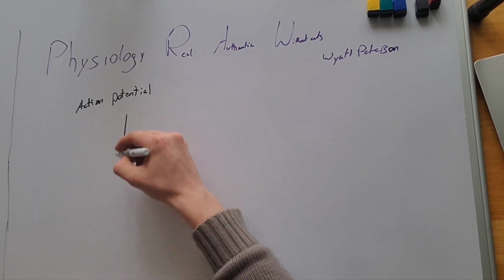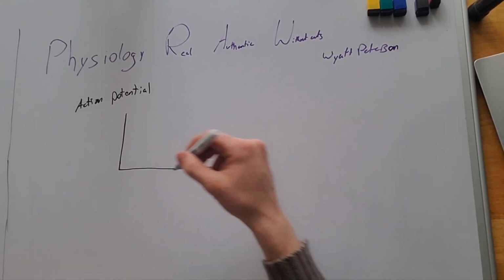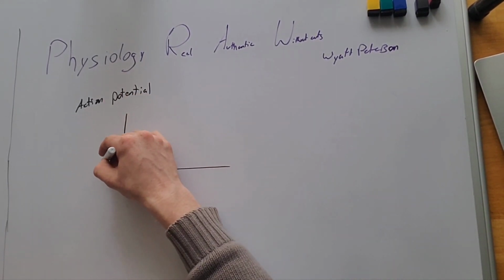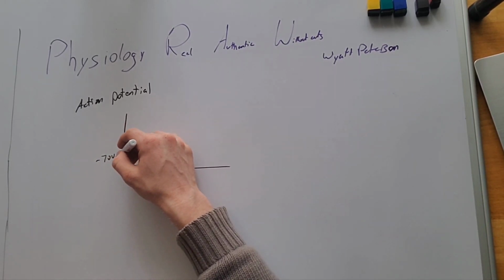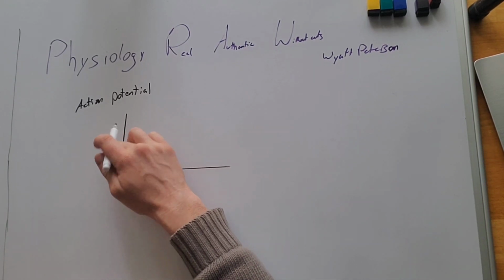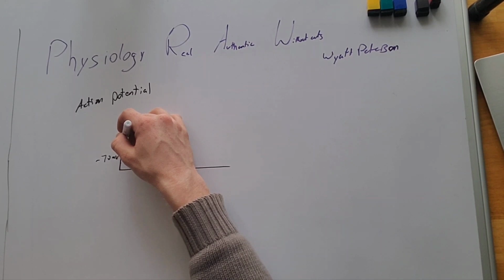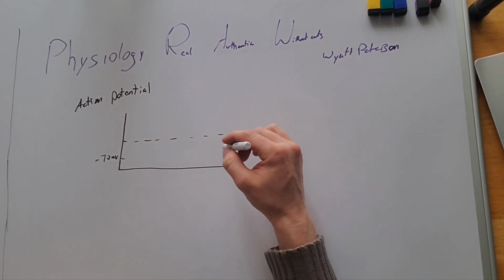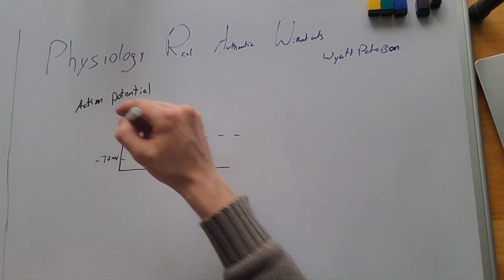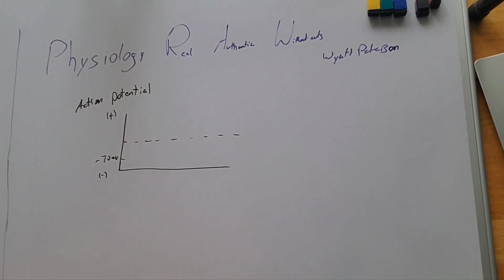I think the easiest way to do that is draw a little diagram of our graph. Usually the cell we're talking about is going to sit at negative 70 millivolts. Then there's going to be a threshold represented by this dotted line. It's more positive up this way and more negative down this way for the membrane.